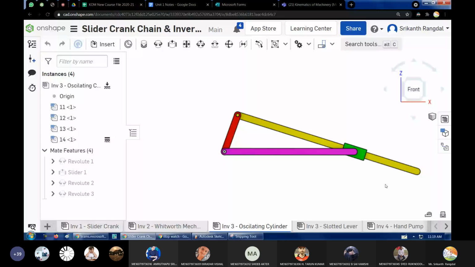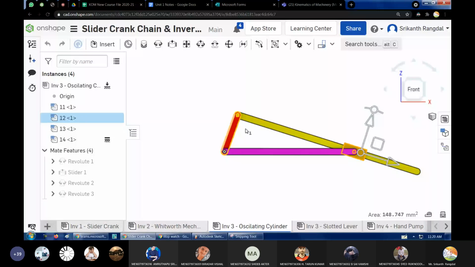So what will happen? We will make this into a cylinder. The yellow link will carry a piston, and it will be like an engine. There is an oscillating engine available. In most engines the cylinder is fixed, but in this type of engine the cylinder oscillates, and we get the power at the crank.